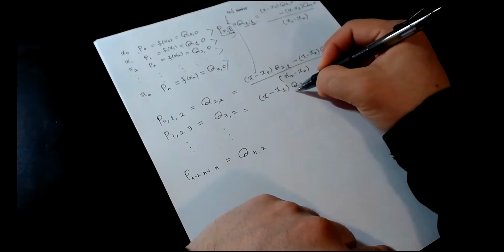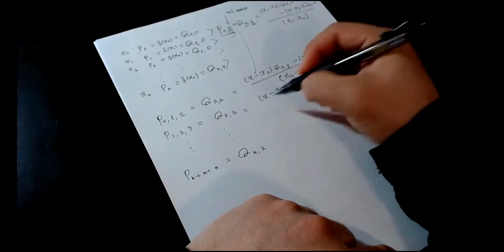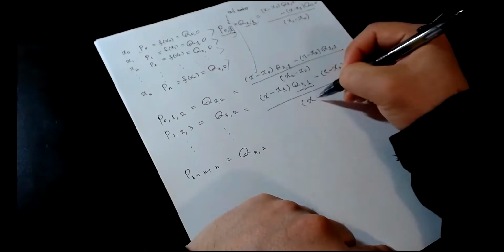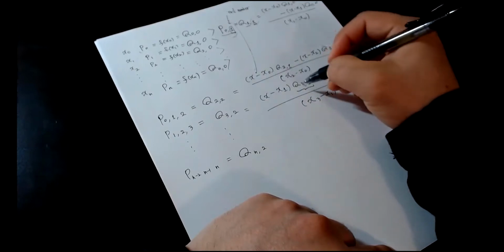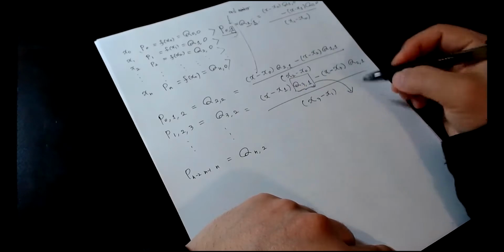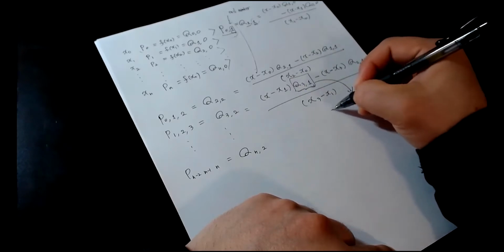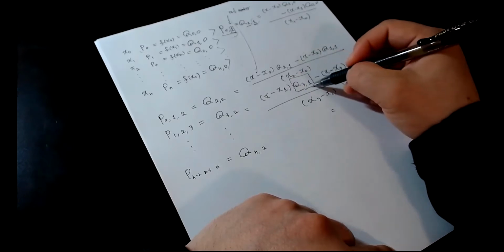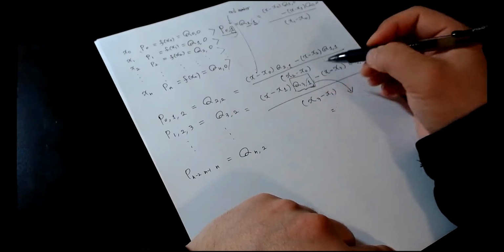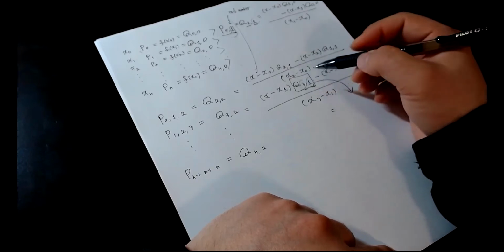Q3,1, what does that mean? Q3,1, I mean divide by x3 minus x1. Q3,1 is equal to, I told you, the second subindex means the degree, and then 3 is the n number, right?